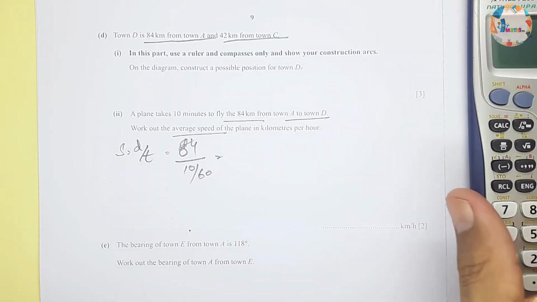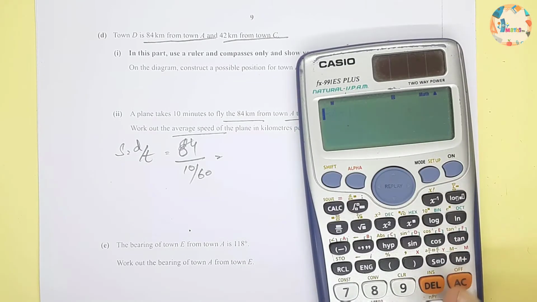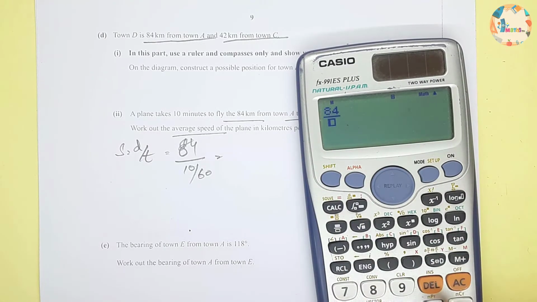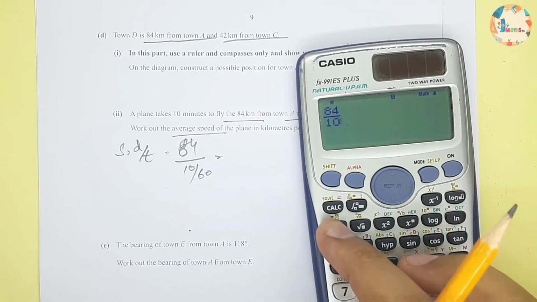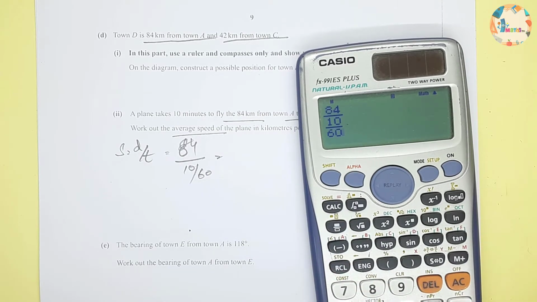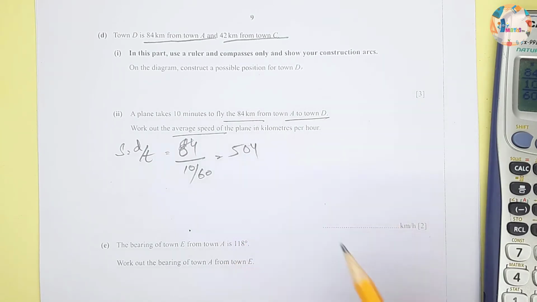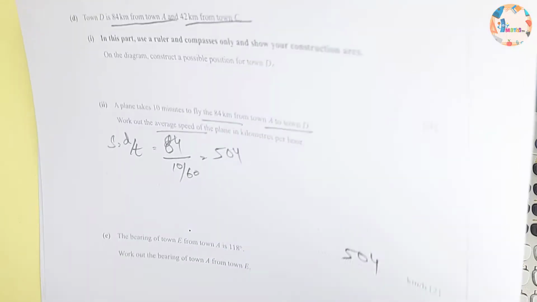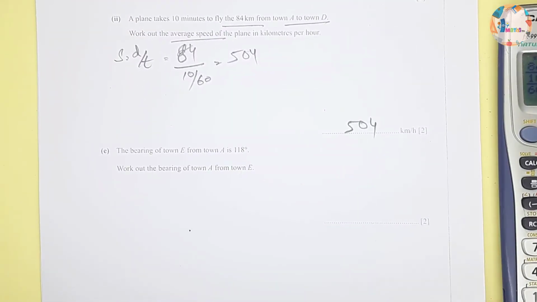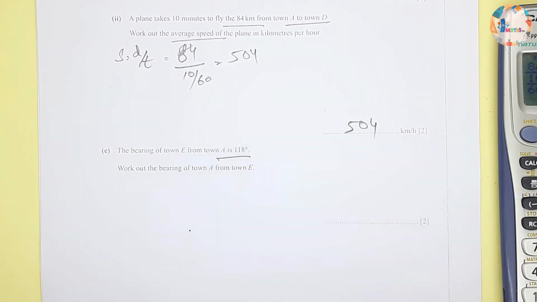So it will be 84 over 10 over 60, which is equal to 504 kilometers per hour. So we can write 504 kilometers per hour.